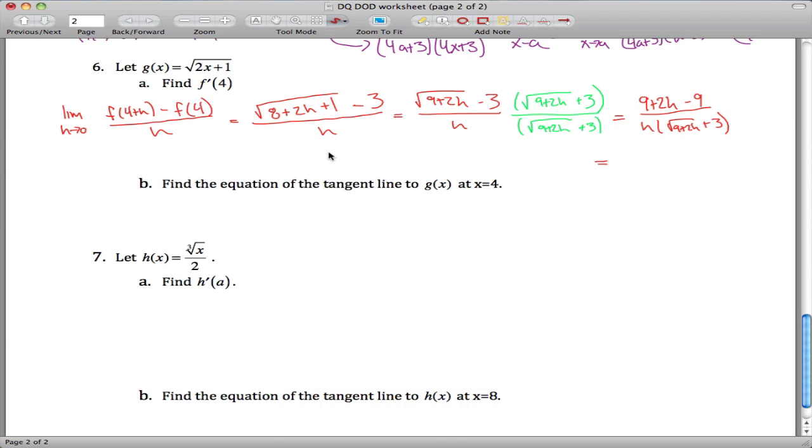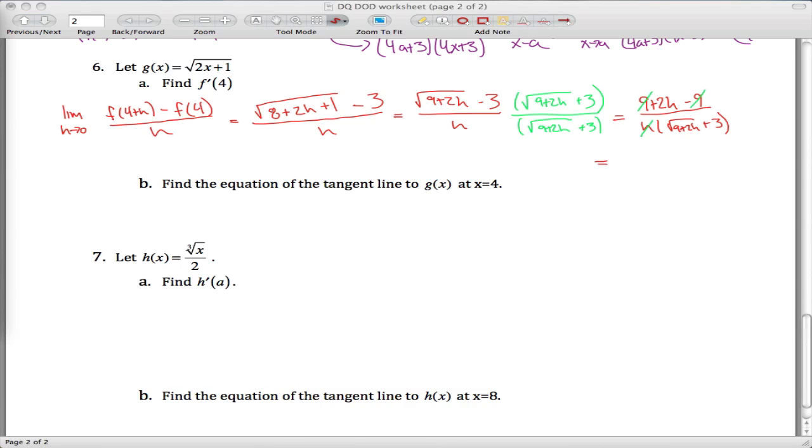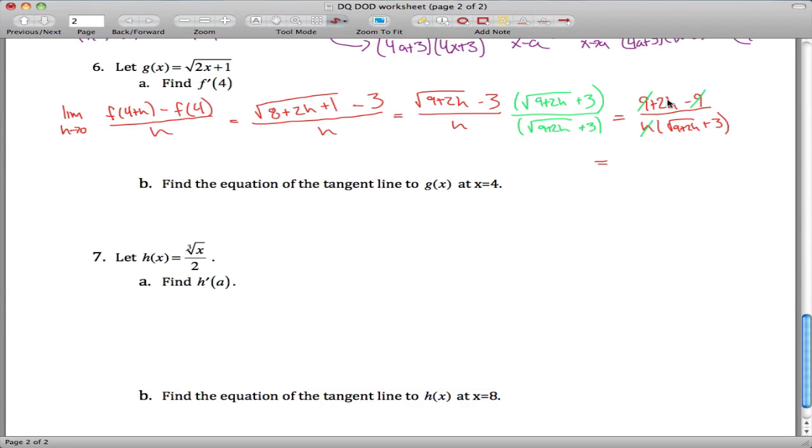So up top, 9 plus 9 minus 9. Now I just have 2h on top, h and 2h. Beautiful. So what I'm left with is the limit. That h was canceled.